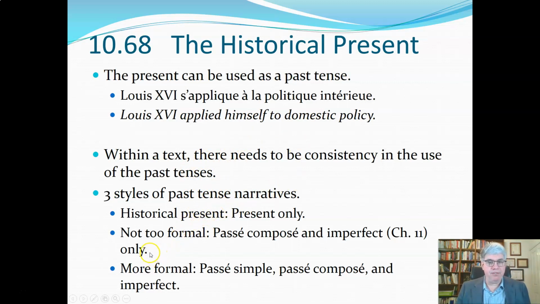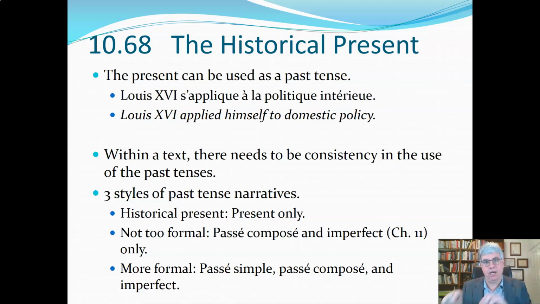Now you can have the historical narratives that are not too formal, and they'll use the passé composé and the imperfect. Those are the same tenses that people use in speaking. Now we haven't looked at the imperfect yet. That'll be in the next chapter, but that's the not too formal. And then the more formal text is where we use the passé simple, the passé composé as a perfect tense.